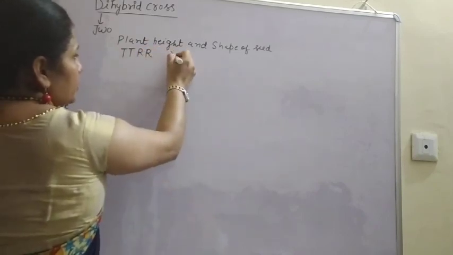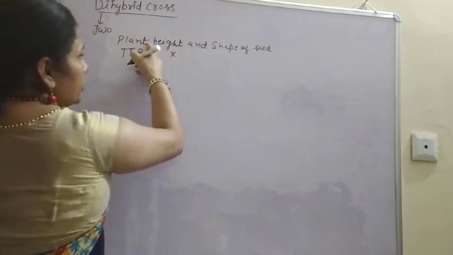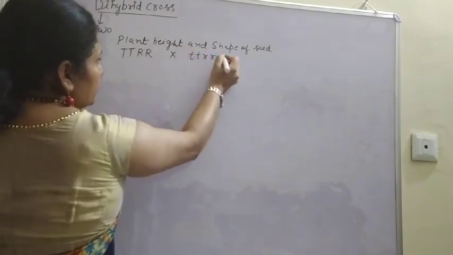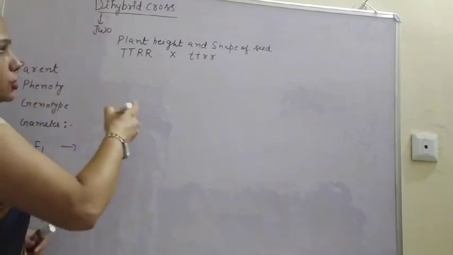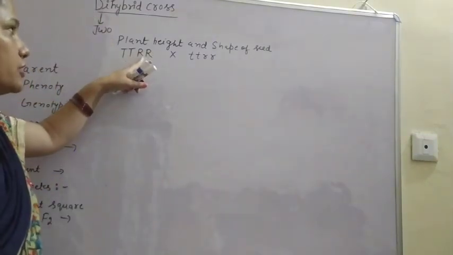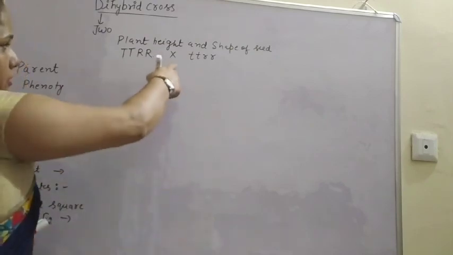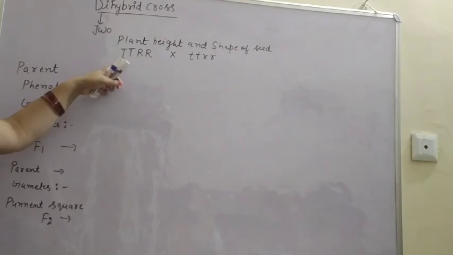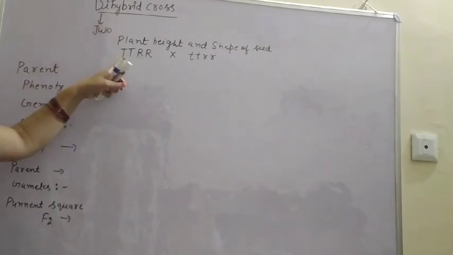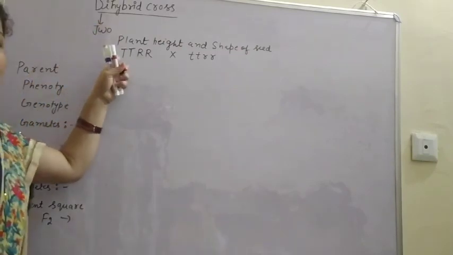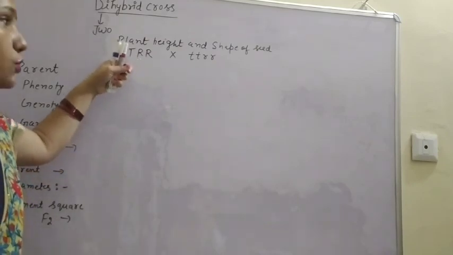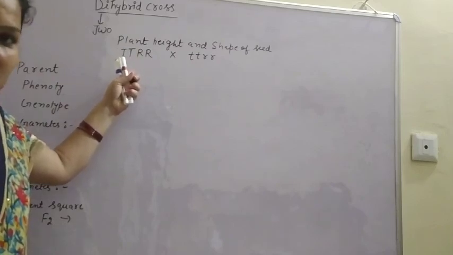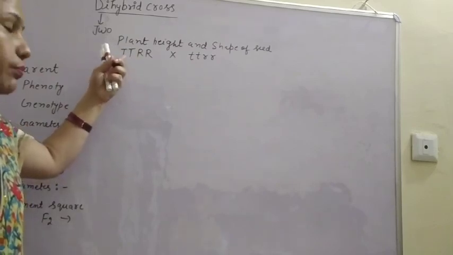And the second character, plant height, is dwarfness, and the wrinkled shape. Round shape is the dominant, and wrinkled shape is the recessive. So by taking these characters also you can draw the dihybrid cross. So after understanding the dihybrid cross, you can take any other example out of those 7 characters and practice.